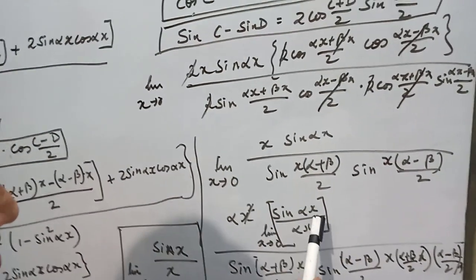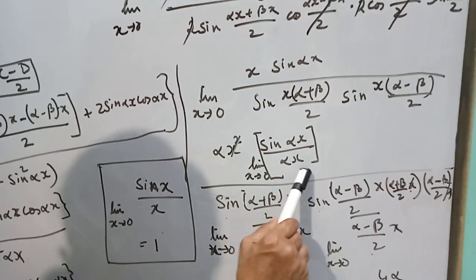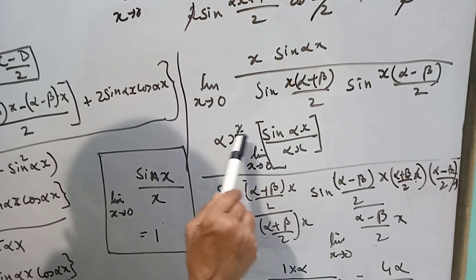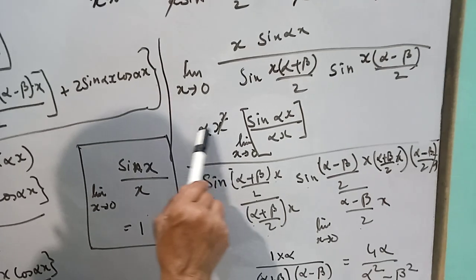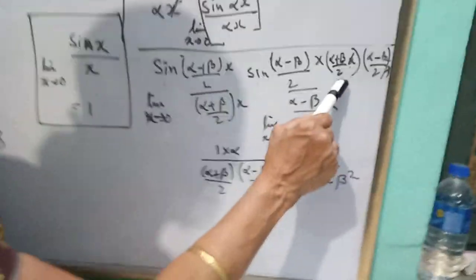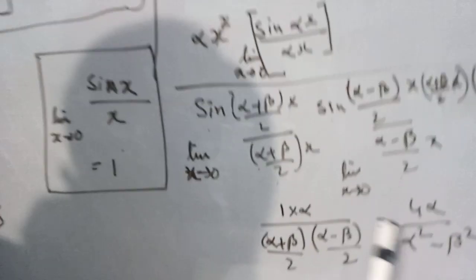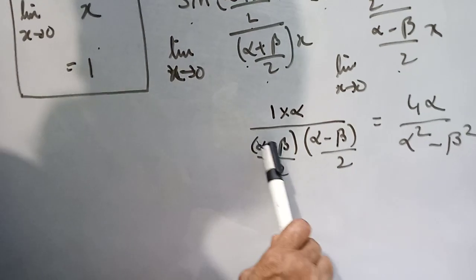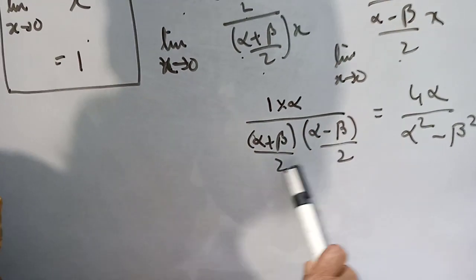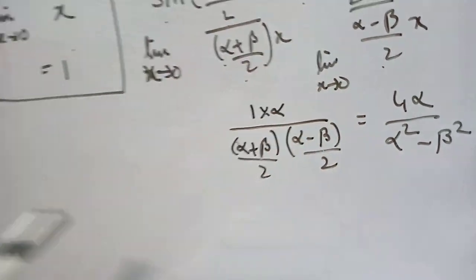I can write this as sin alpha x divided by alpha x. Here x is already there, so x into x I have divided, so I have to multiply it also with alpha x. So alpha x square, here it is x, and here we are coming with x into x, so x square will be cancelled with it. So we are getting 1 into alpha plus beta, alpha minus beta by 2. So 4 alpha divided by alpha square minus beta square.